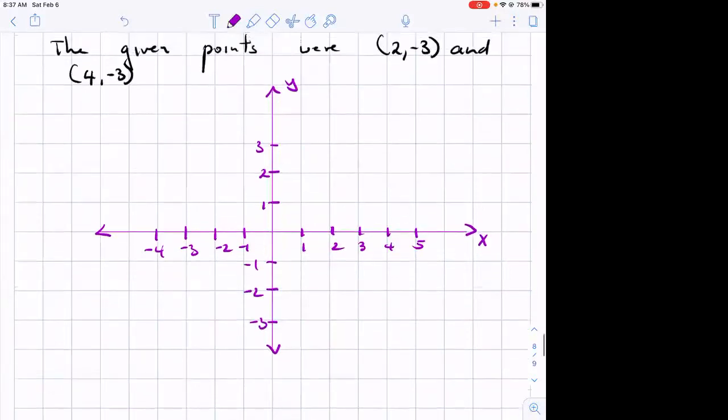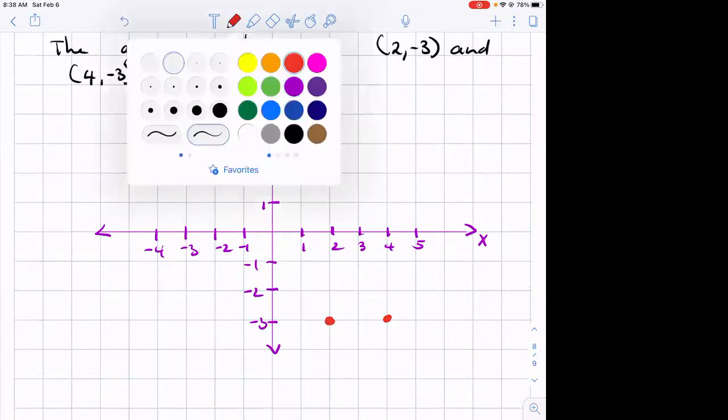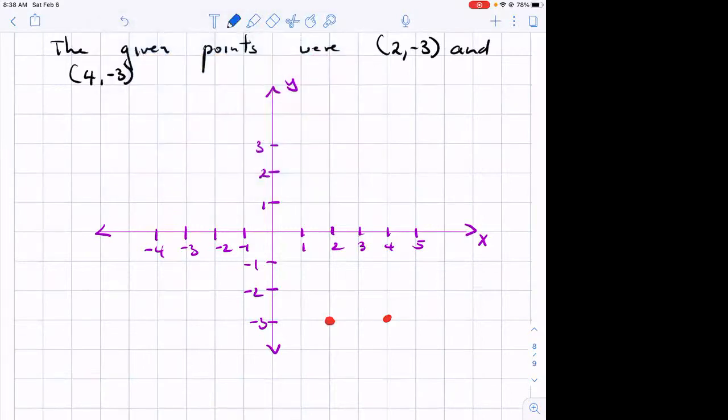So the first point I want to plot is 4, -3, which is there, and then 2, -3, which is here. And if I connect a line passing through those points, you will see that this line is a horizontal line. Therefore, m is equal to 0.